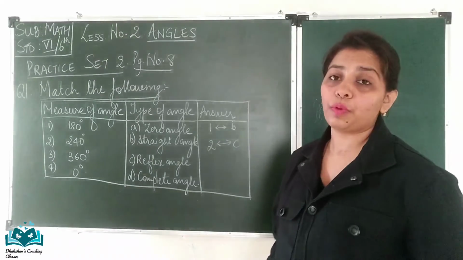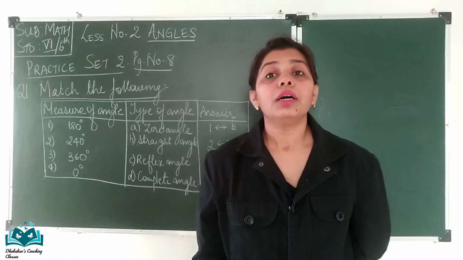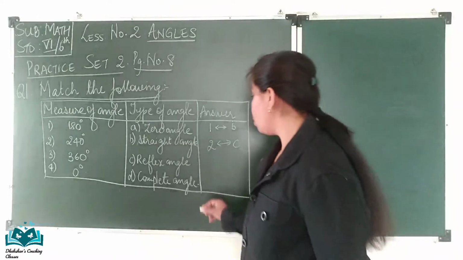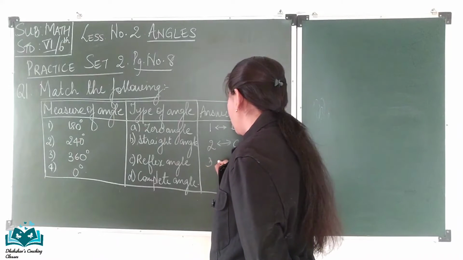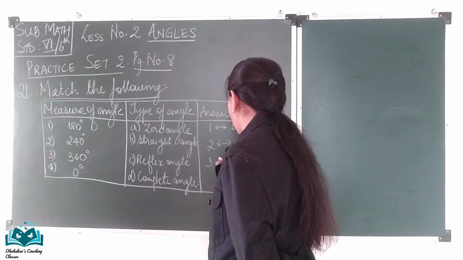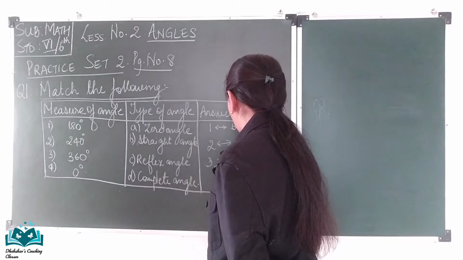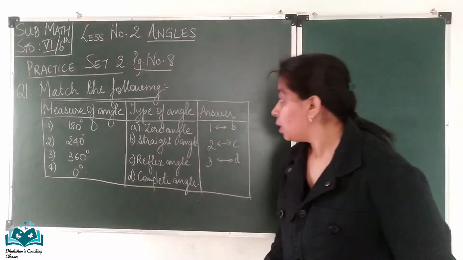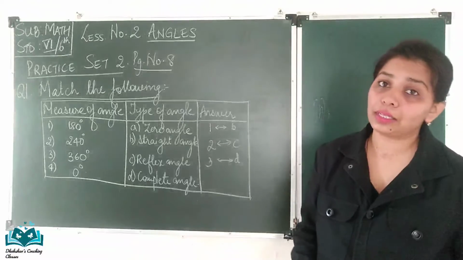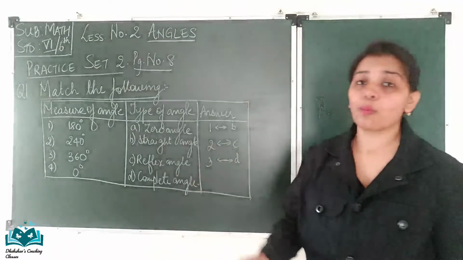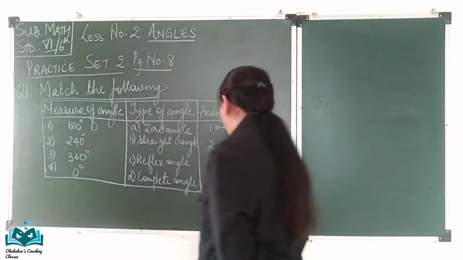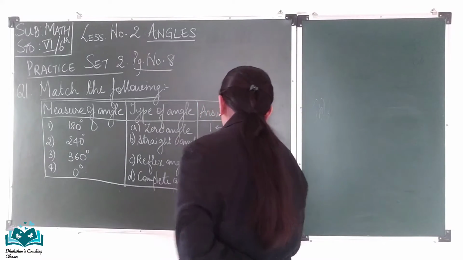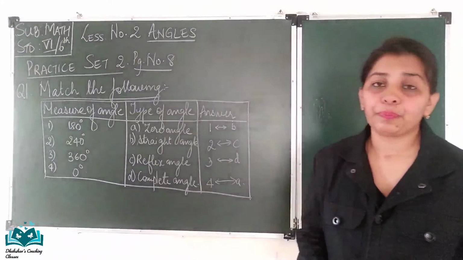Means it is what type of an angle? It is a complete angle which it makes. So your third one, 360, the answer will be option D. Now we are left with 0 degree. It is option A. So 4, the correct option will be your option A.